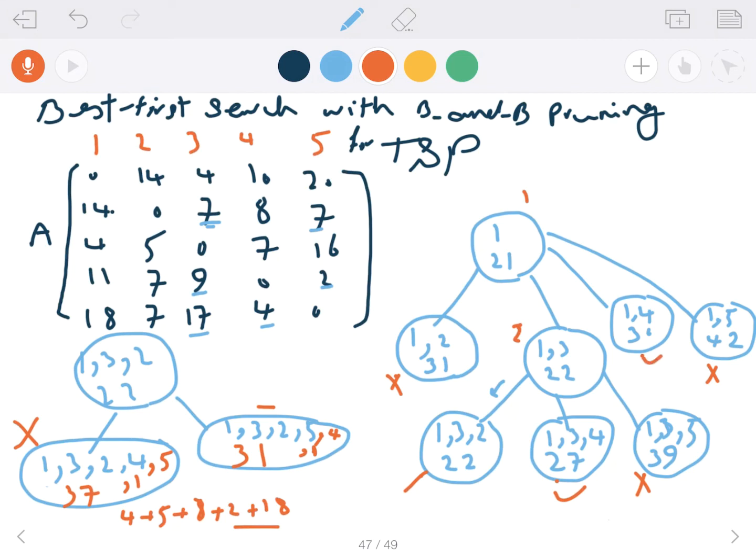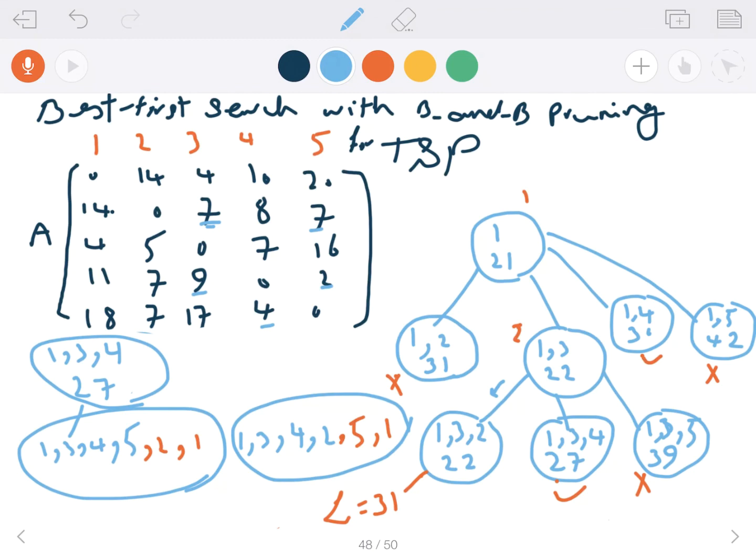Again these are the minimum values, so it doesn't mean that it's going to be less than that. So next I'm going to show you what's going to be the solution for this problem using the best first approach and branch and bound pruning.